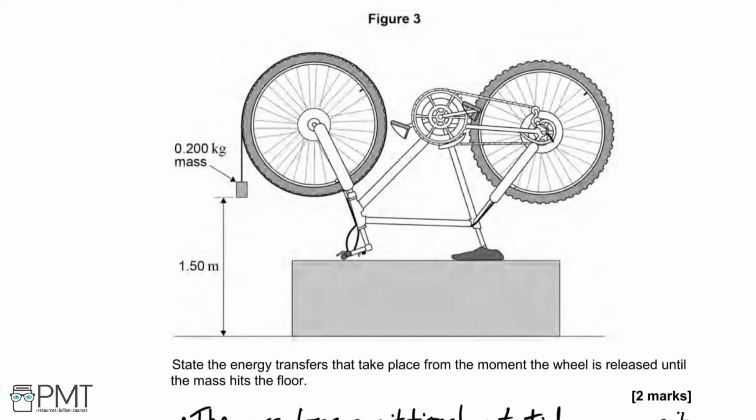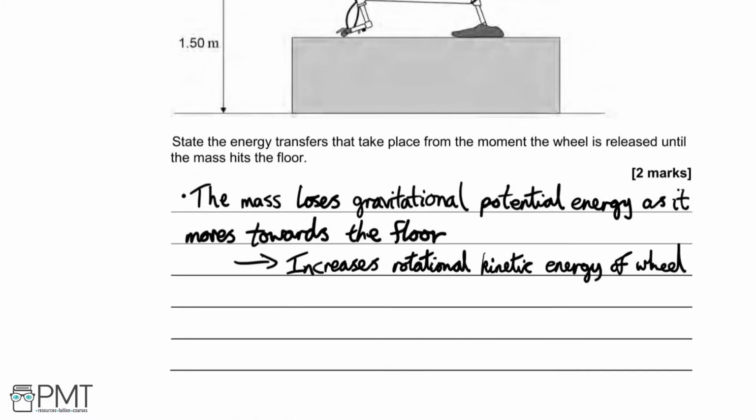The thing to bear in mind though is that there is friction in the joints on the wheel or in the bearing, and there's also air resistance around that system. So not only is the rotational kinetic energy of the wheel increasing, but the internal energy of the bike and the air around it is increasing also. Now, one thing to be very careful of here is that the mass is falling down to the ground, but it's also increasing in speed itself.